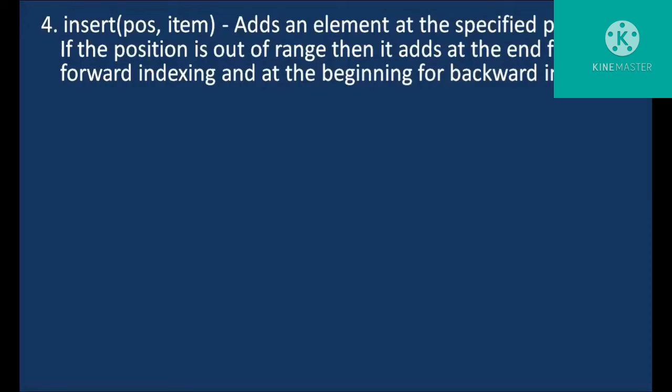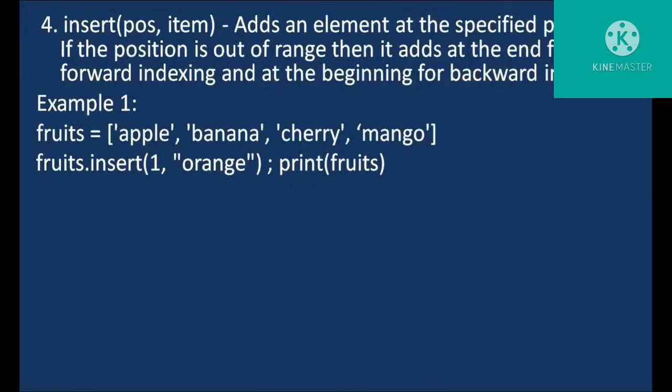Now going to the next function, insert. Append added at the last. Now when we want to add some element at some particular index location, in that scenario we make use of the insert function.